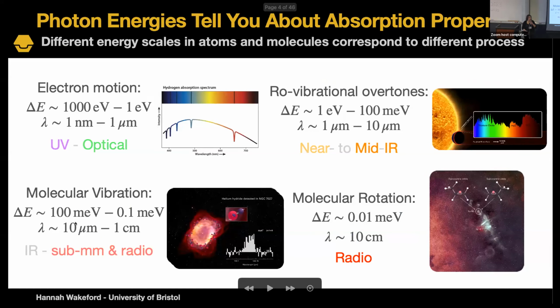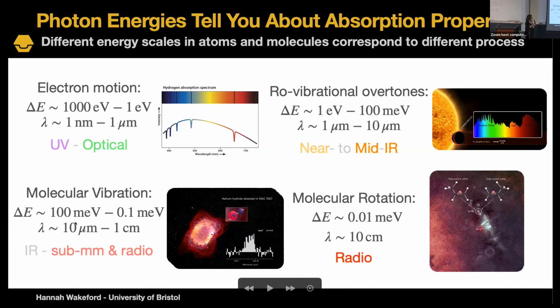And as a function of the wavelength, we can see the effect of these different types of transitions that we're measuring. So just simply from telling you what wavelength we've looked at, you can already discern what kind of physical process is occurring. When we're looking in our optical and our UV, we're really looking at that electronic motion. We then go into our near infrared and mid infrared, where we're looking at those low vibrational overtones of our molecules themselves.